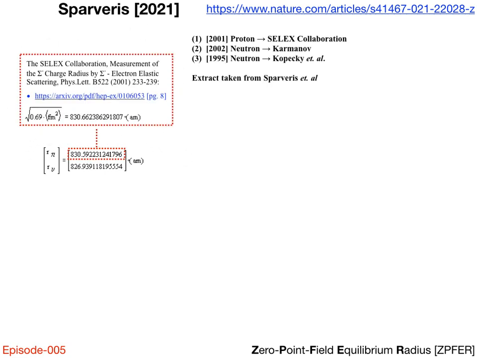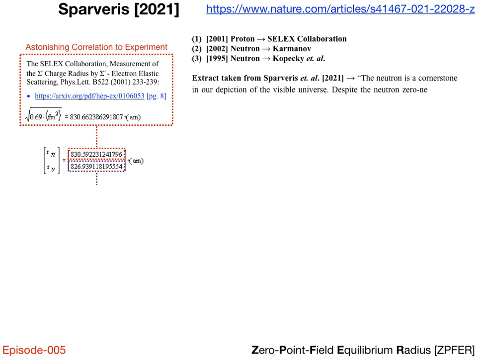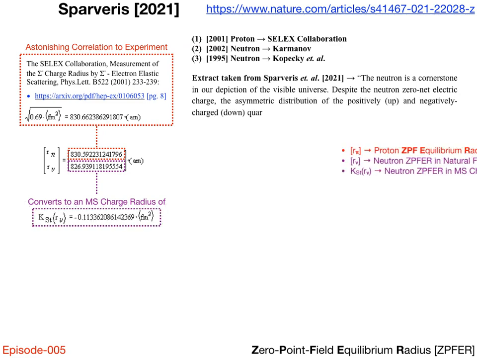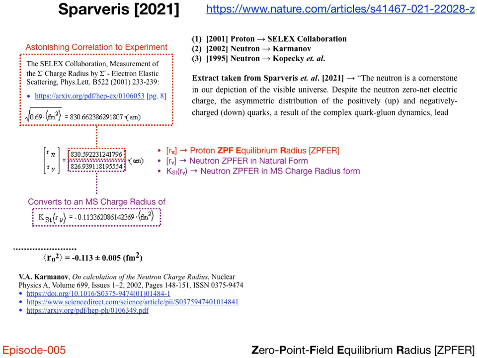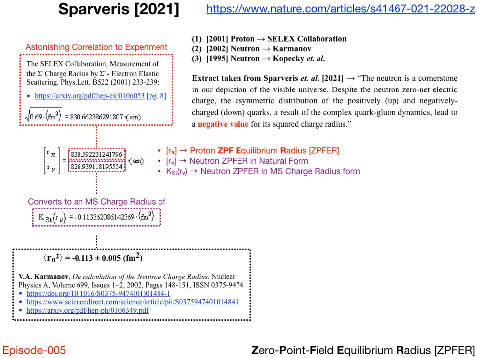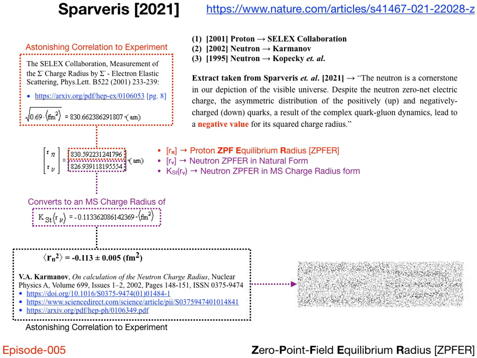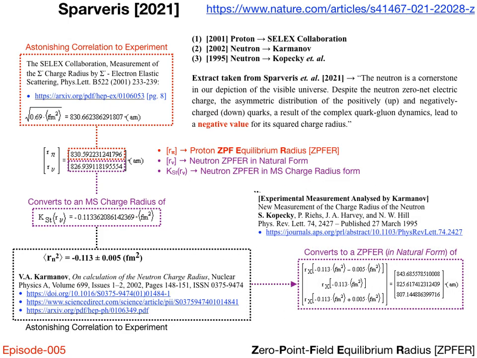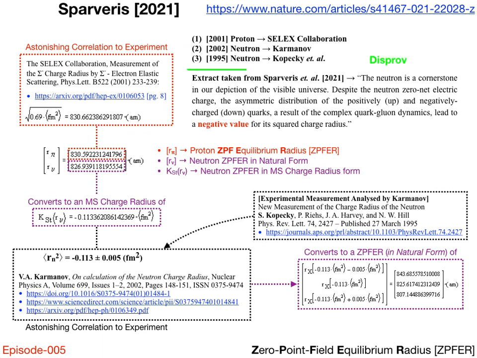That is, the Selleck's collaboration measurement of the proton root mean squared charge radius in 2001 and the neutron mean squared charge radius measured in 1995 by Kopecky and utilised in 2002 by Kamenov. The reason the Kamenov value was utilised is because of the revised experimental tolerance compared to the original 1995 Kopecky research. The Kamenov conclusion is slightly more uncertain, making it a marginally better baseline to utilise as an authoritative comparison because it's a more recent estimate.